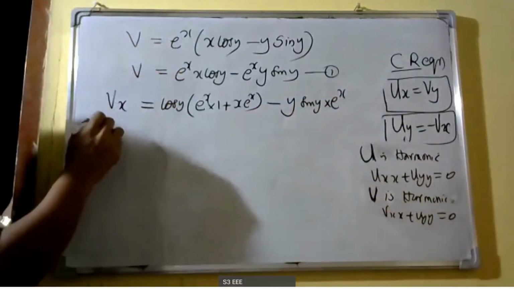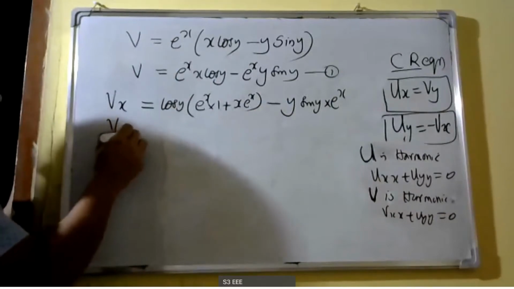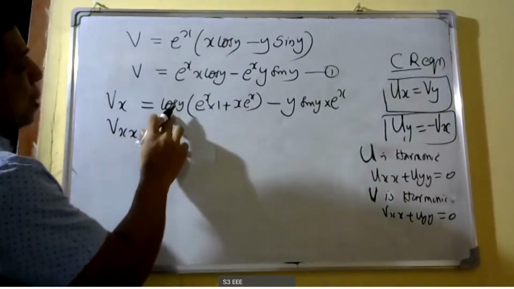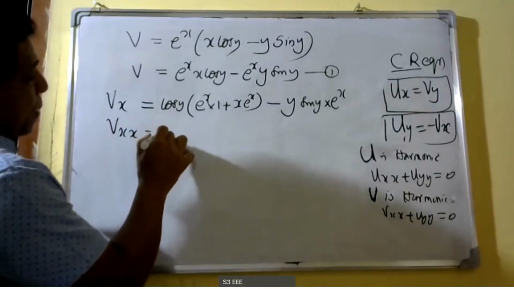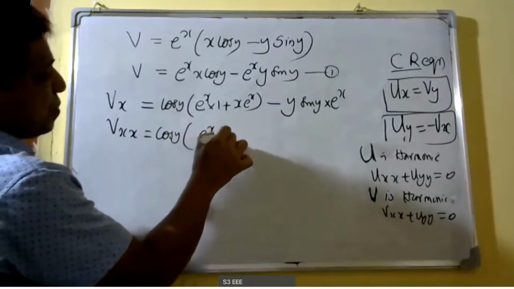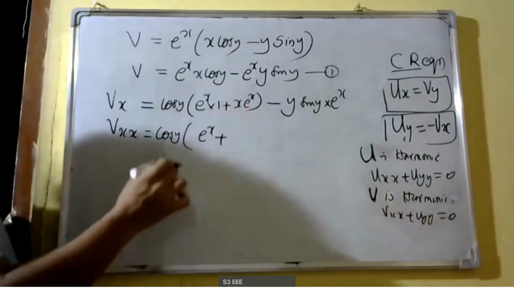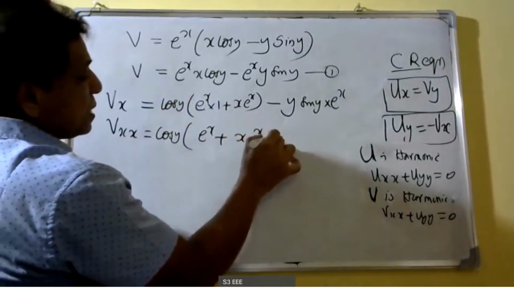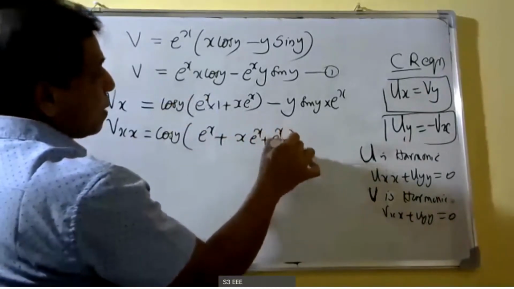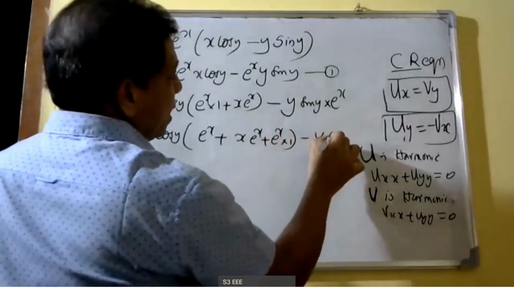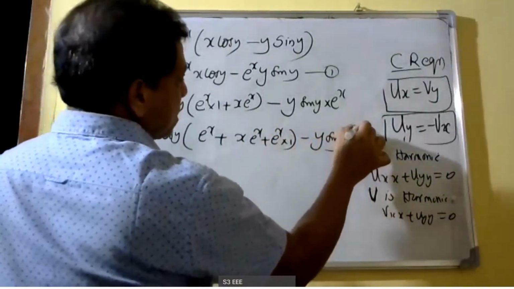Then again we differentiate it with respect to x, Vxx. Cos y is constant. E raised to x itself plus x into e raised to x. Again we apply the product rule of x into e raised to x plus e raised to x into 1, minus y sin y into e raised to x.